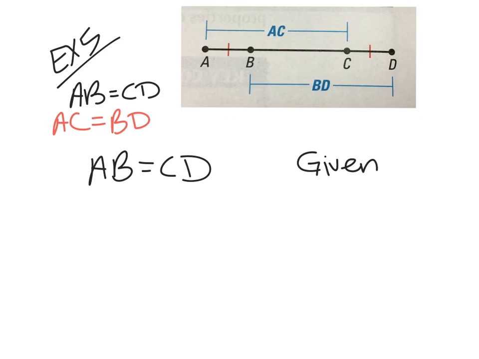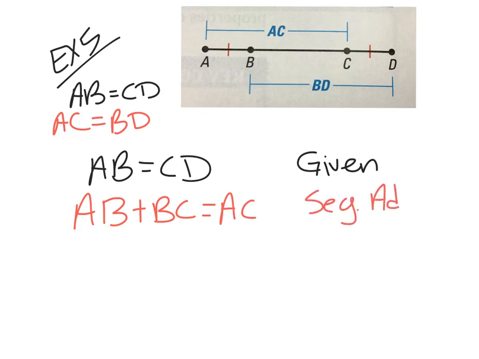How do we tell what the length of AC is? AB plus BC equals AC. And this is just segment addition postulate. That's just part of adding up segments. If the two segments are added together, they equal the third length, the whole length.